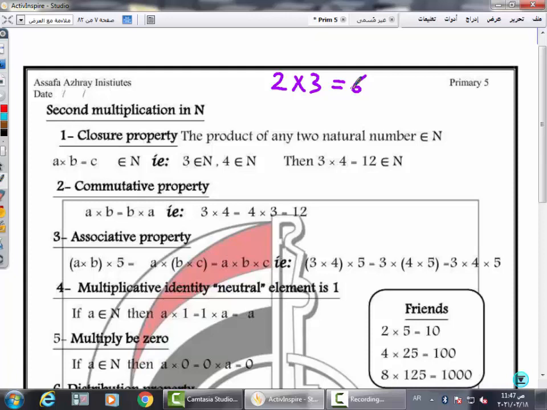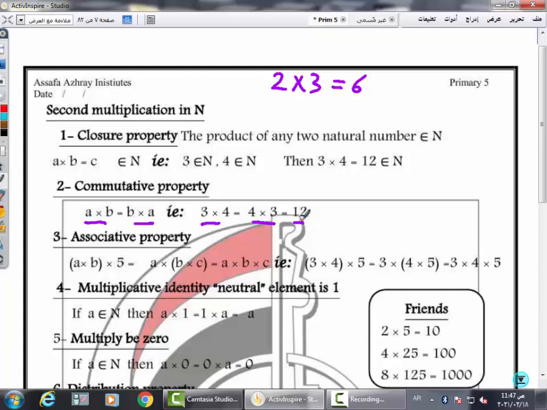The second property is called commutative property. What's the meaning of commutative property? Change. A times B equals B times A. 3 times 4 equals 4 times 3 equals 12. The third property is called associative property. Associative, we can take first with second or second with third.